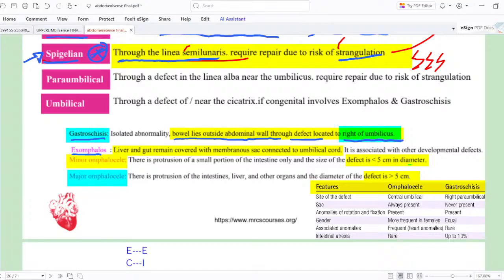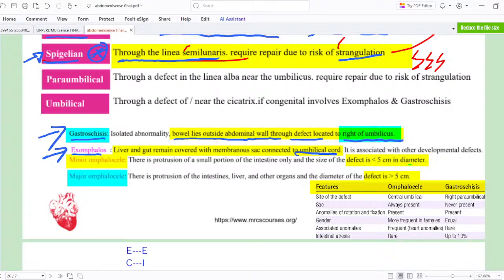If it is to the right of the umbilicus and the bowel is outside of the abdominal wall, it is called gastroschisis. And exomphalus actually occurs through the umbilicus. Liver and gut remain covered with a membranous sac connected to the umbilical cord. Exomphalus occurs through the umbilicus and gastroschisis to the right of the umbilicus.